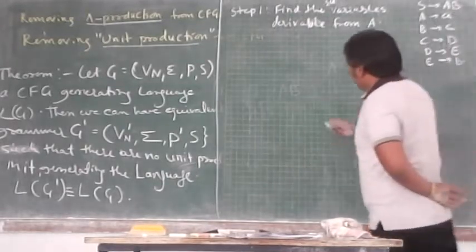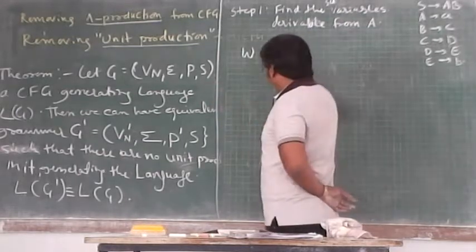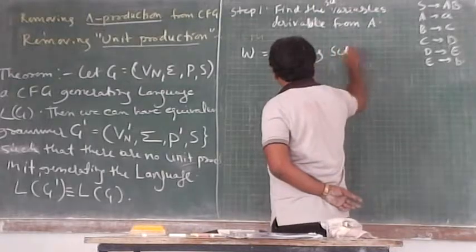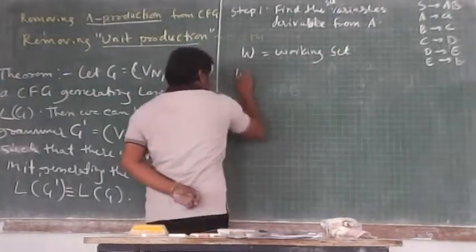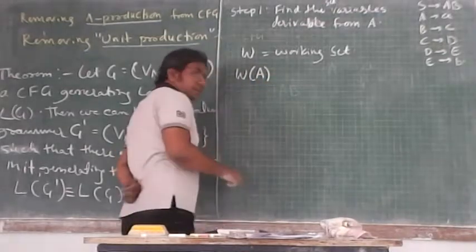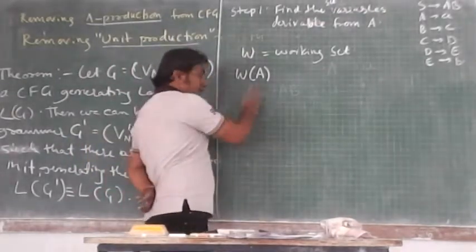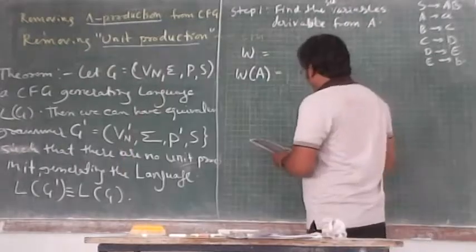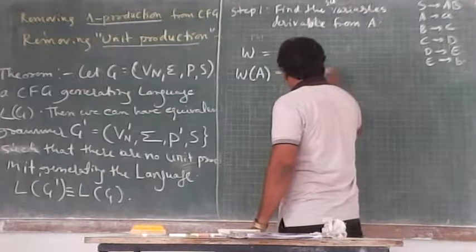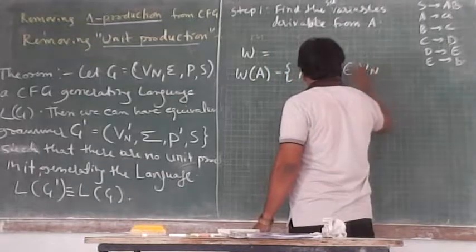So in this step, we will calculate a W, which we can call a working set, and this working set we will calculate for every variable. Here A I am terming a variable. How to calculate the working set for it? W of A, we can start with any variable A where A belongs to Vn.